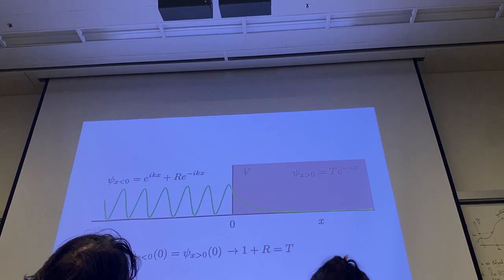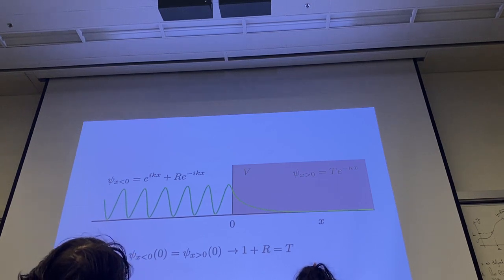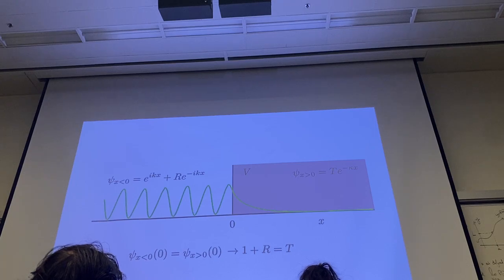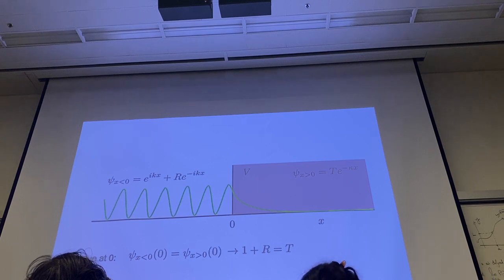What about the slope? The slope at this point also needs to be continuous. So if I take the derivative with respect to x on the left-hand side, I get this times the complex exponent. If I fill in x equals 0 at that point, I get this.